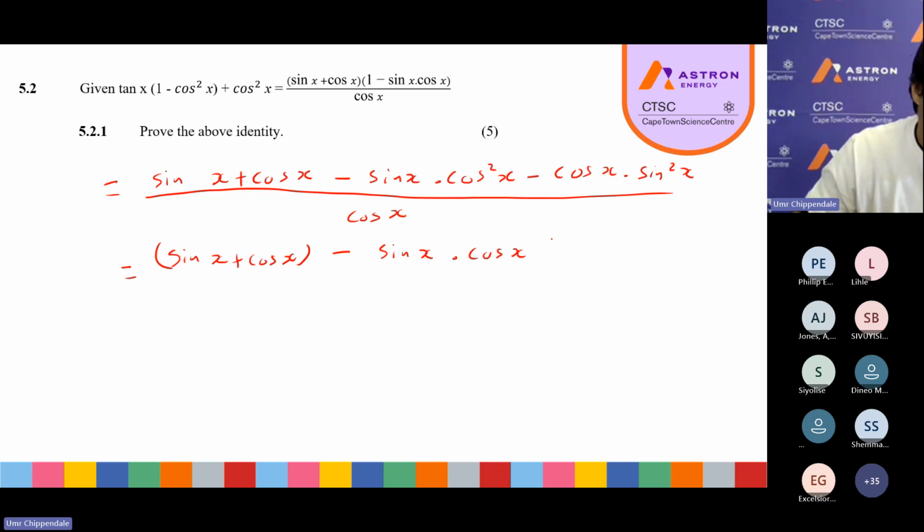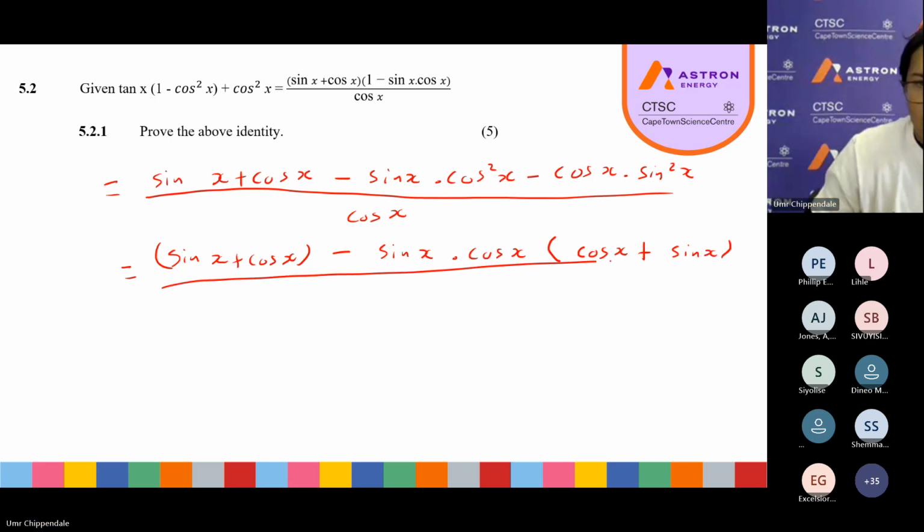And then if we put this in brackets, because if we took this out, if we put a cos x here, a negative times a positive is a positive, and then we have a sine x here, all over cos of x. The reason I got that is because this is one term here, here is one side, here is the other side.